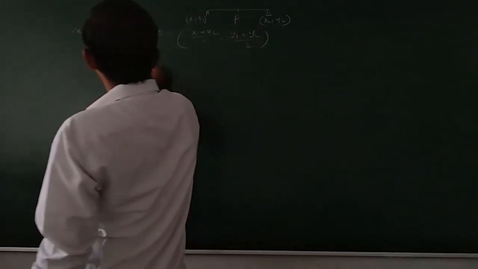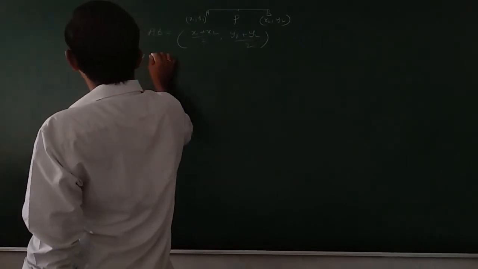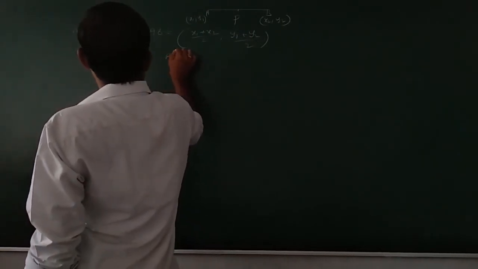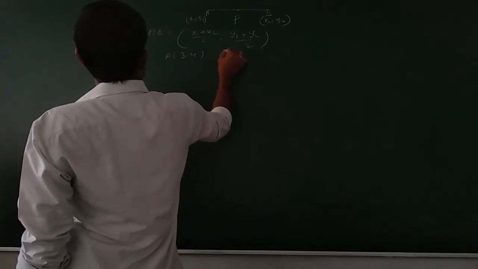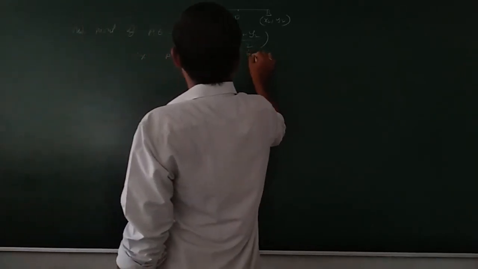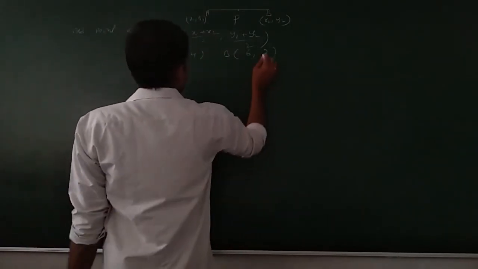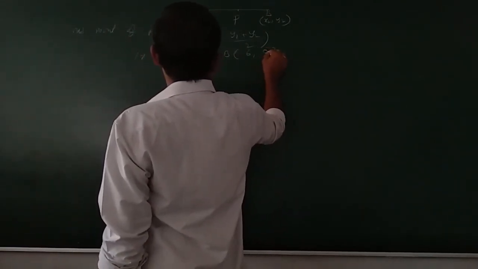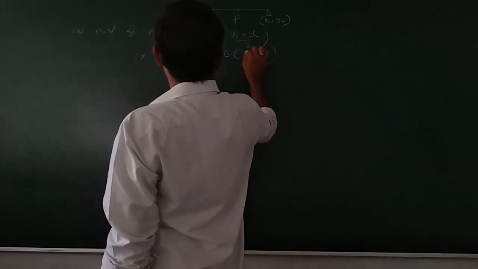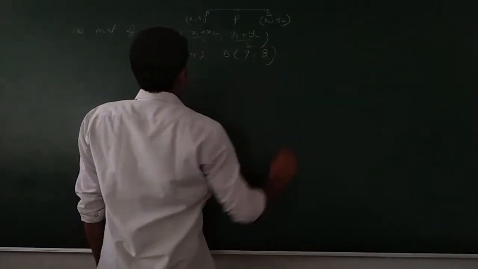For example, A is (3, 4) and B is (7, 8).